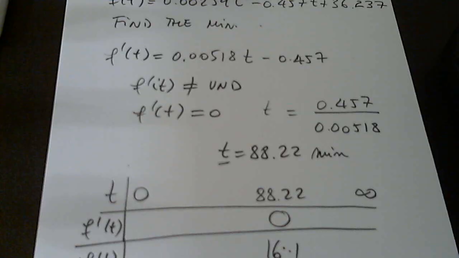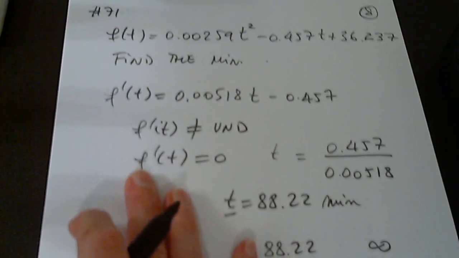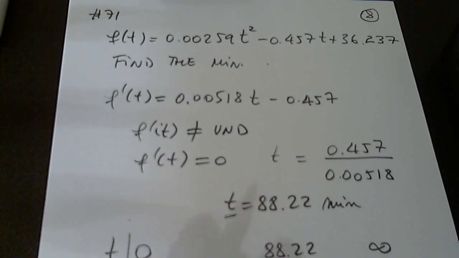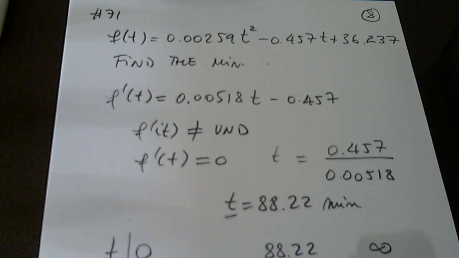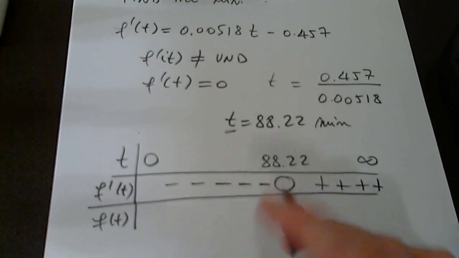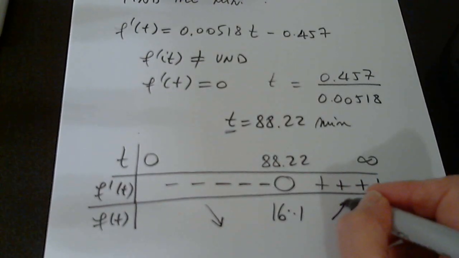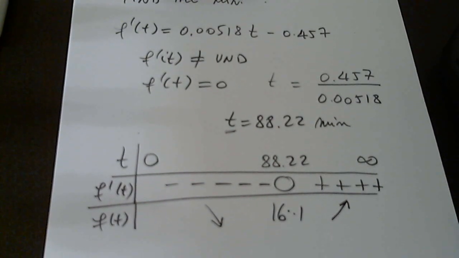I know that this has to be a minimum, but I need to study the sign of the derivative. This is what we learned here in calculus. So when I plug in 0, obviously it's negative. When I plug in a million, obviously it will be positive. So this is a typical situation as expected.